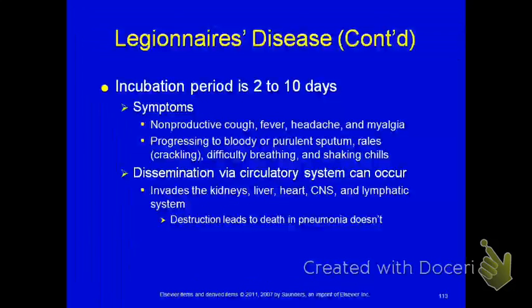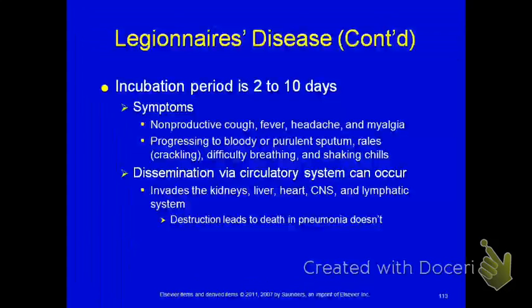Okay, so the incubation period would be from 2 to 10 days. Symptoms would include non-productive cough, fever, headache, myalgia or the muscle ache. It would progress to bloody or purulent sputum. So you'll have rales or crackling sound, difficulty in breathing, and shaking chills. So dissemination by the circulatory system can occur.